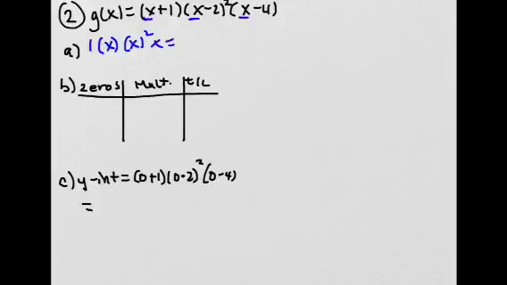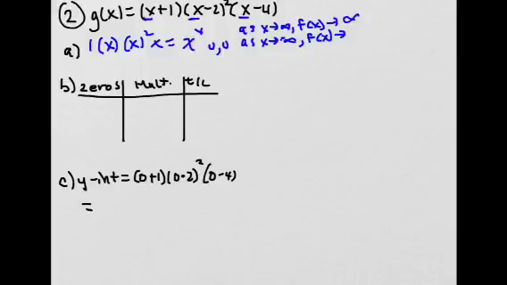So then we have x to the fourth, and so this tells me that because a is positive and the degree is even, the graph is going to go up, up. And then for the end behaviors, you say as x goes to positive infinity, f of x goes to positive infinity. As x goes to negative infinity, f of x goes to infinity. So both ends, the left and the right, go up.